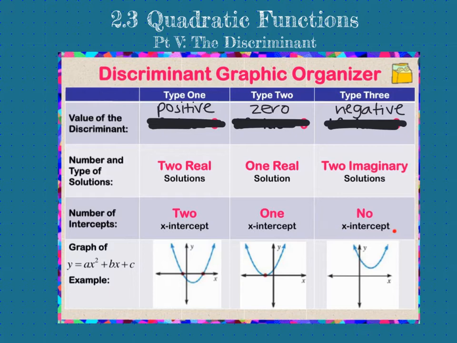That means we do not cross the x-axis at all, and our parabola lives way up here, or it might live down here, never hitting the x-axis. So our discriminant can be a positive number, 0, or a negative number, and depending on what type of number it is, it tells us how many and what type of solutions we have.